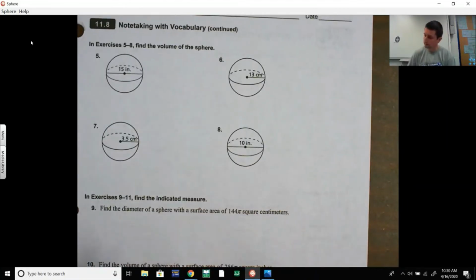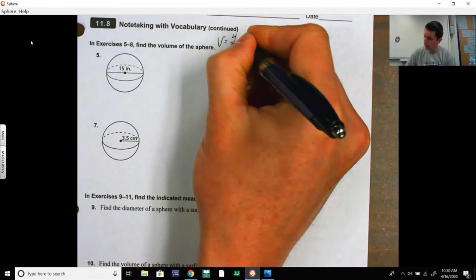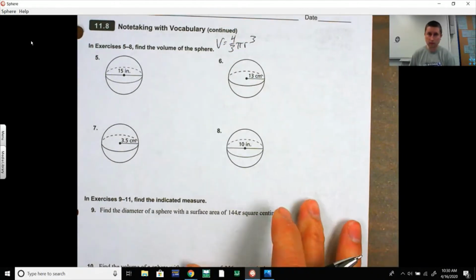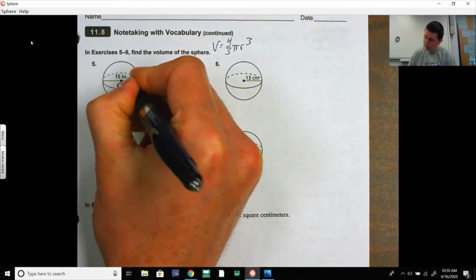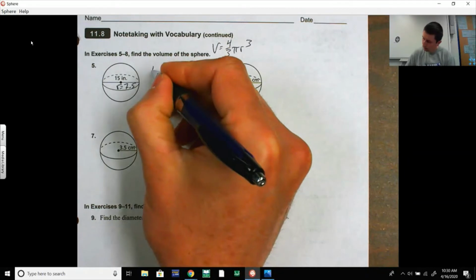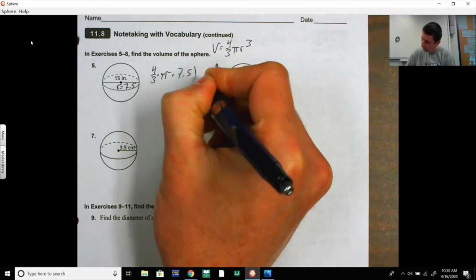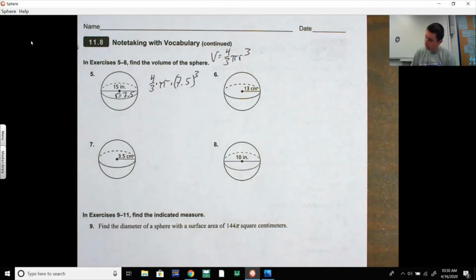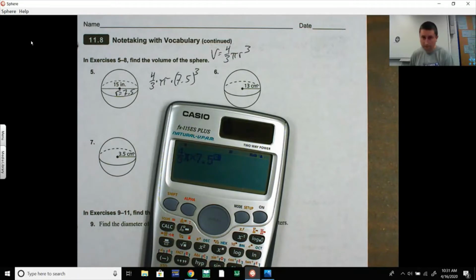That's a good question. Find the volume of the sphere. So volume equals 4/3 pi r cubed. We need the r, which would be 7.5 in this case. So 4/3 times pi times 7.5 raised to the third power.